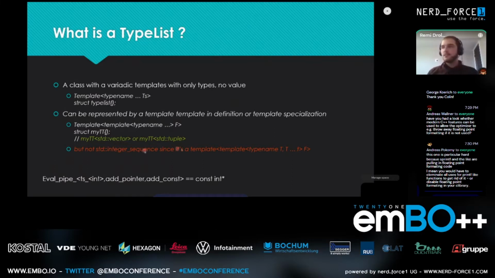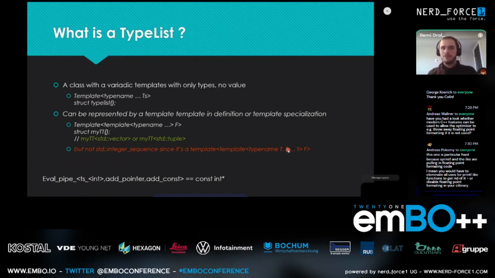But the thing you have to know is that other types like std integer sequence is not a type list, because the function signature that I call is template typename T, small caps t. And those t dot dot dots are values, not types. So std integer sequence is not a type list. It's not a huge deal because we have ways to represent it as a series of std integral constant.